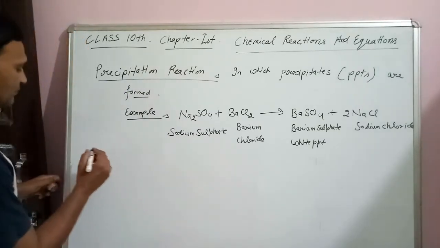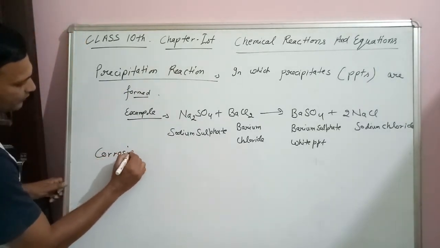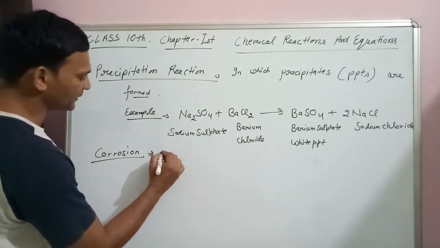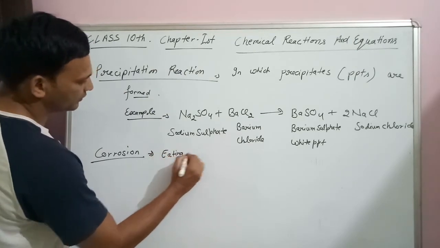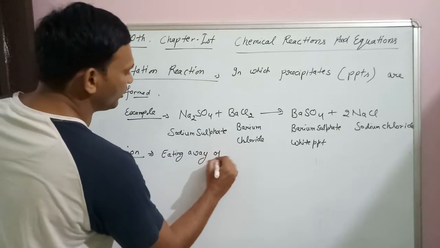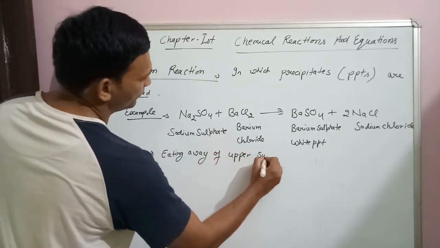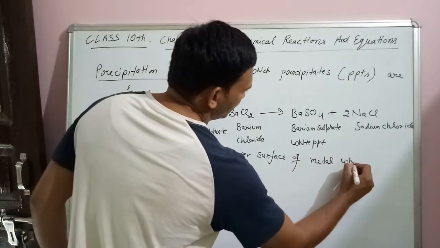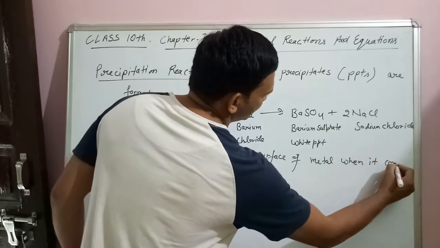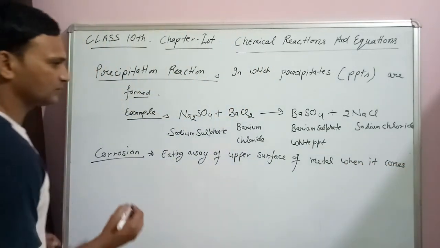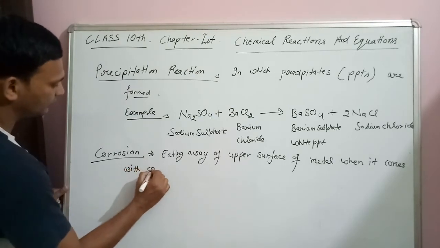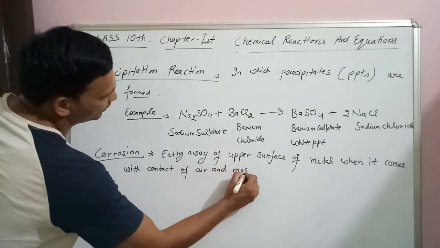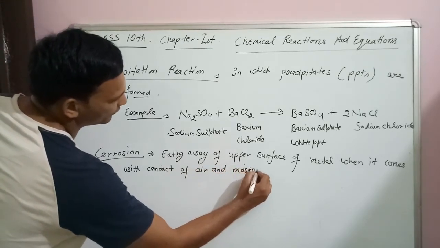Next topic is corrosion. What is corrosion? Corrosion is simply the eating away of the upper surface of metal when it comes in contact with air and moisture.